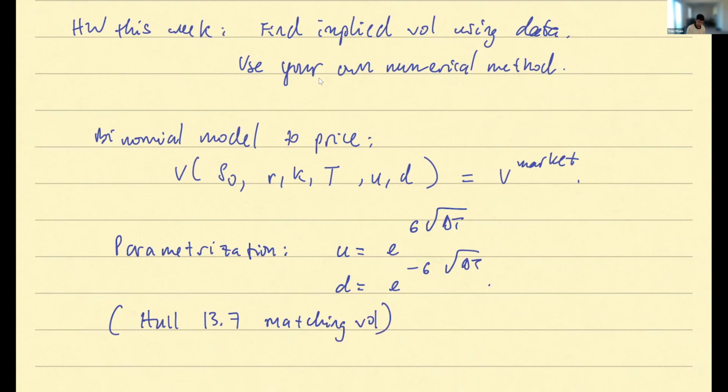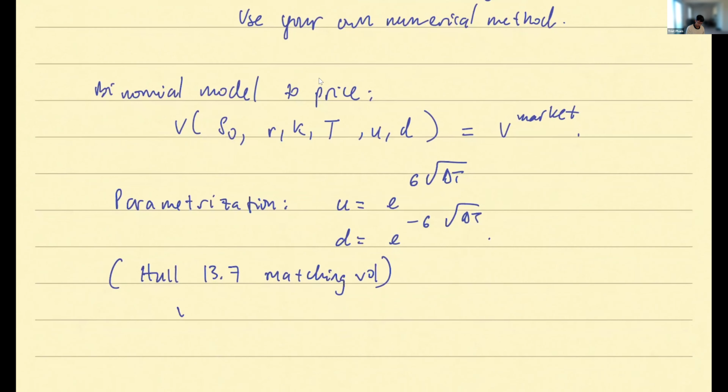The point is, if you use this parameterization, then the volatility of your stock price in the binomial model will be sigma.